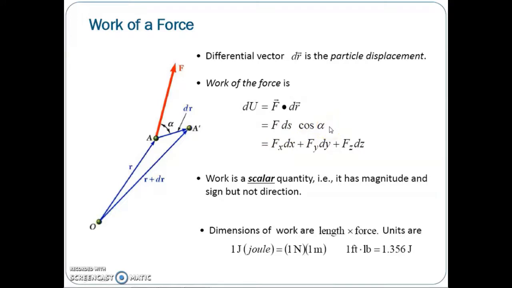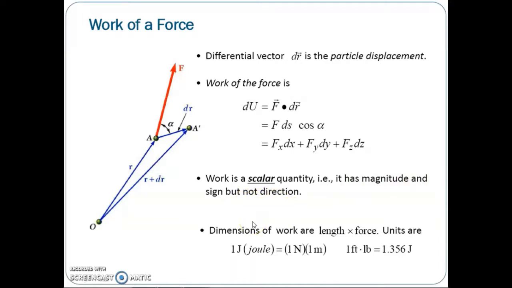We can also express the work dU in terms of rectangular components of the force and the displacement, so it equals Fx dx plus Fy dy plus Fz dz. Note that work is a scalar quantity, so it has magnitude and sign, but not direction.